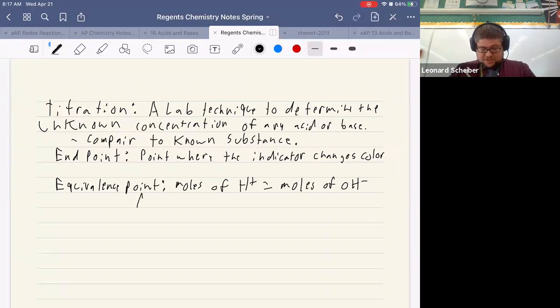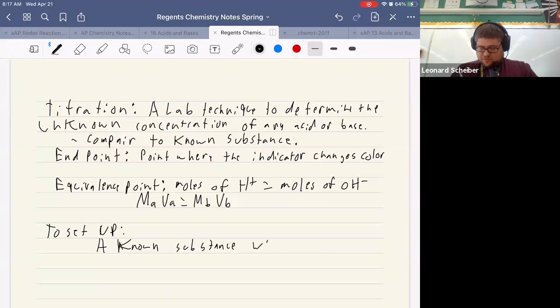We use MAVA equals MBVB, right? So how we set up a titration is that we have a known substance with a known volume, right?